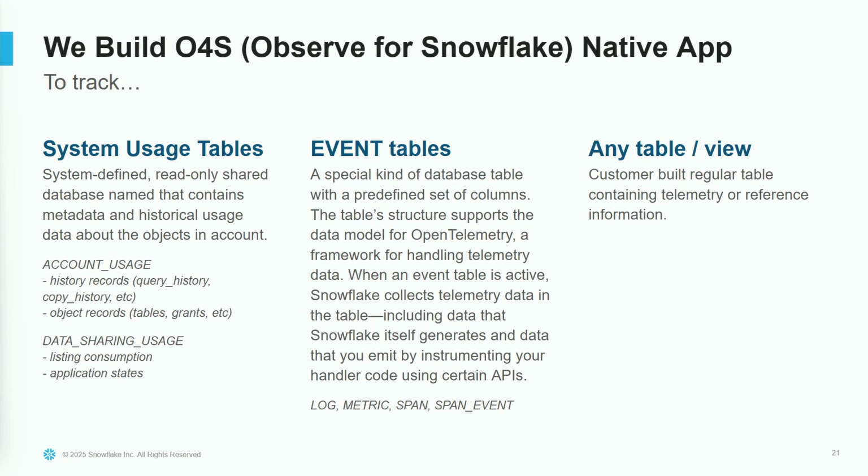It is called Observe for Snowflake, aka O4S. It is a native app that tracks, for now, mostly three different categories of data from Snowflake. The first is system usage tables.